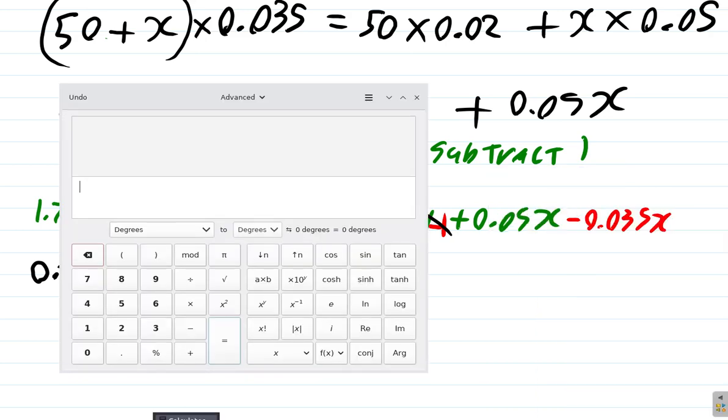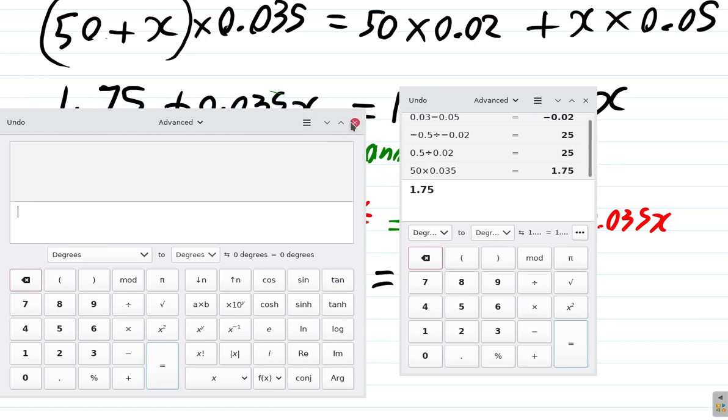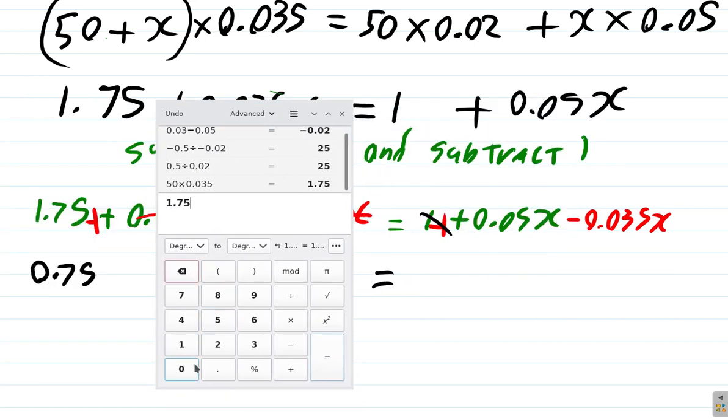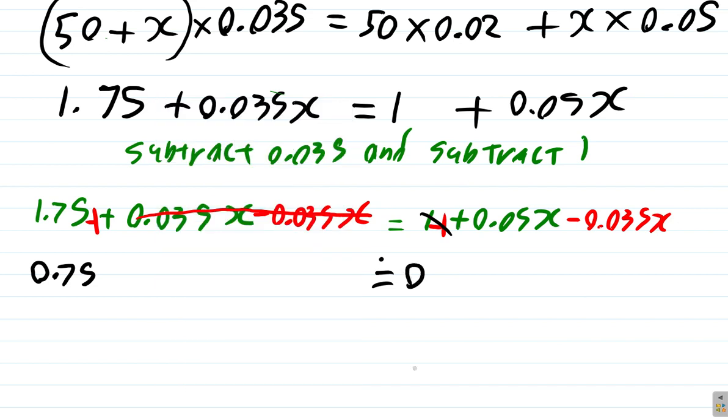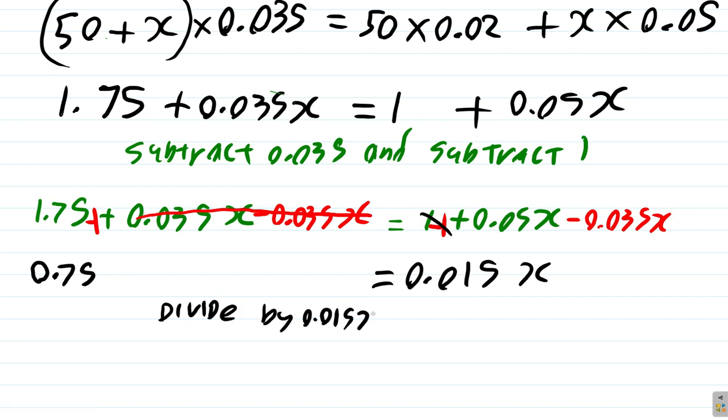To save some time, let us just use our calculator to do it directly. 0.05 minus 0.035 equals 0.015. So it's 0.015x. So you have 0.75 equals 0.015x.